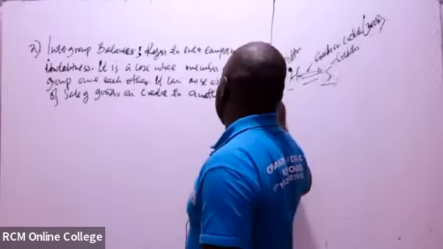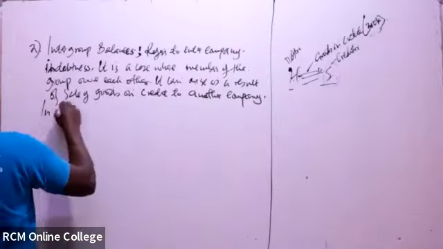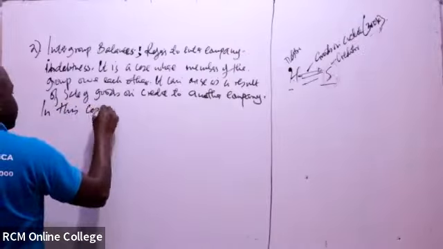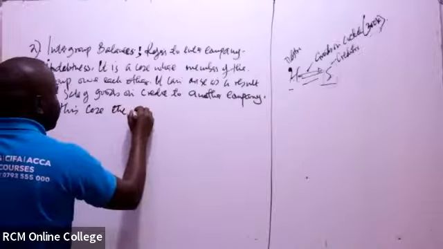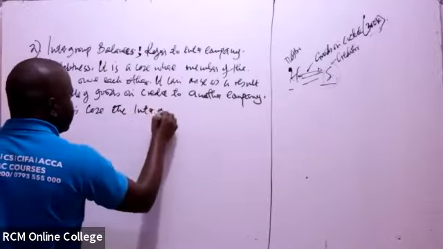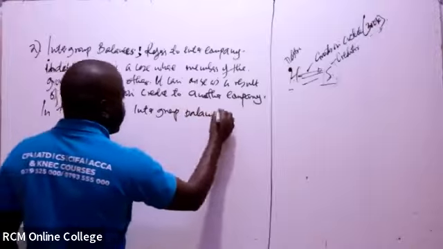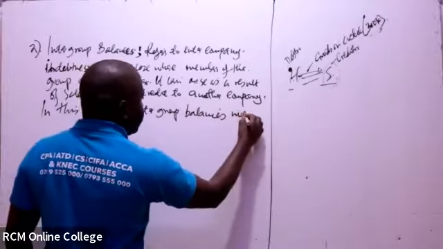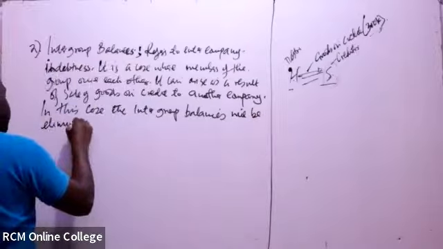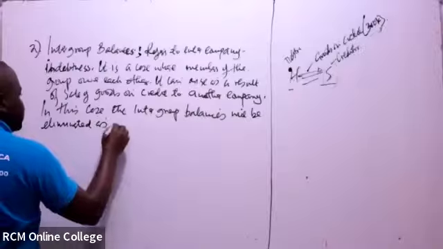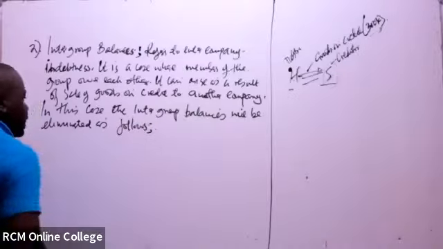Then you write and say, in this case, the intergroup balances will be eliminated as follows.